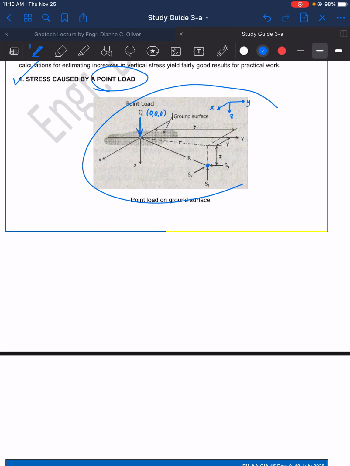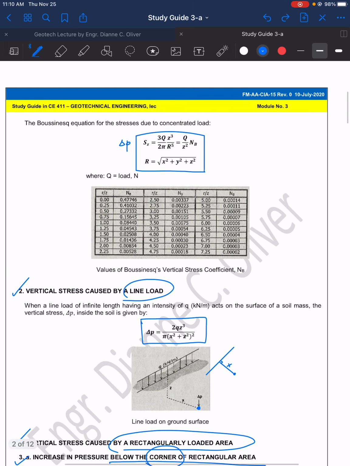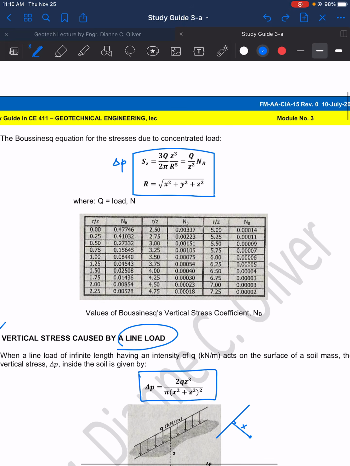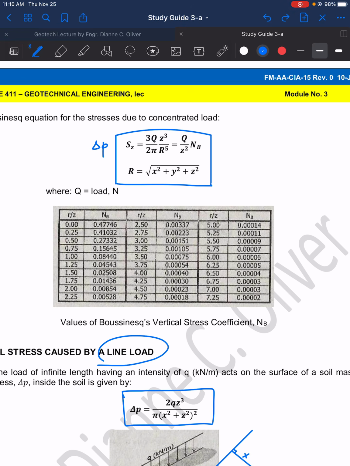This is the drawing, and this is the formula. So, let's use this formula. To compute for delta P, Q is given, the depth is already given, we need to find the value of R.